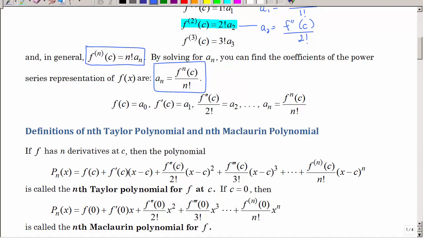And so that leads us to what's called the nth Taylor polynomial and the nth Maclaurin polynomial. The only difference is that Taylor talks about derivatives at c, and Maclaurin talks about when c is equal to 0. So we're rewriting our function in terms of our derivatives of those functions.